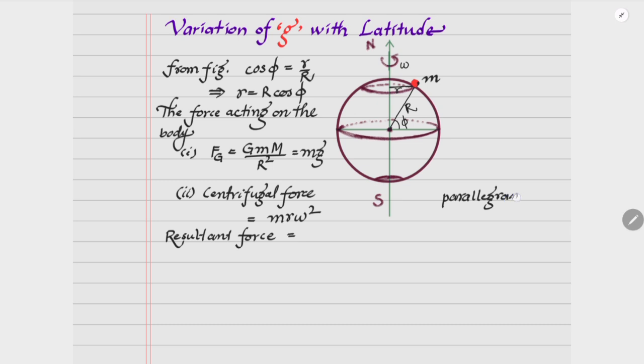If you take the figure, when you observe that figure, you need to know the forces acting on that body. One force, the gravitational force, is acting directly towards the center. The outward force, the centrifugal force, is always in the direction of small r, so away from the axis of rotation.